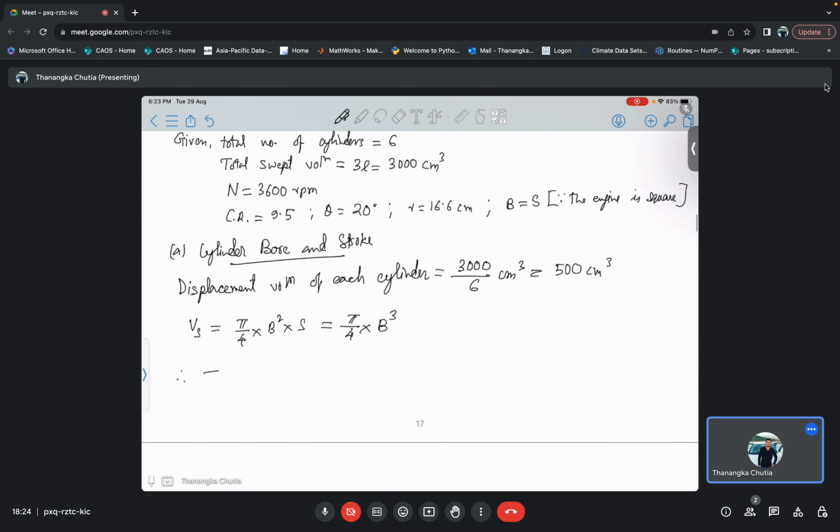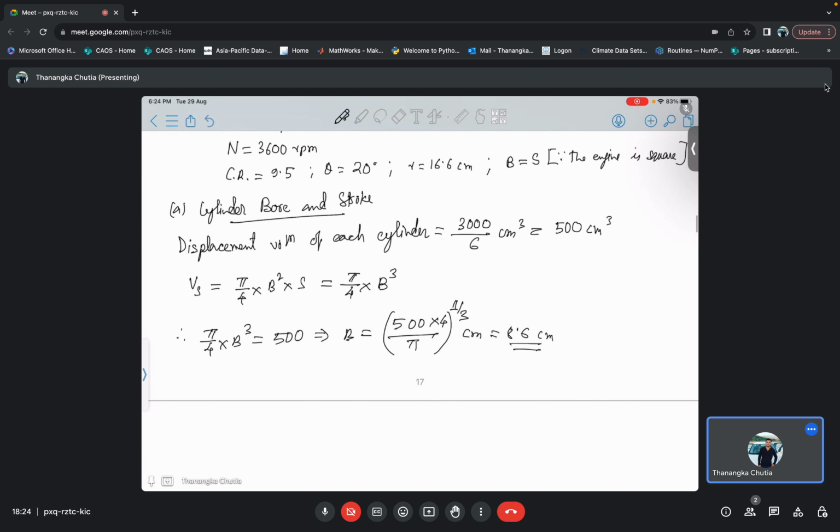So pi by 4 times B cube is 500, and from here B is equal to (500 into 4 divided by pi) to the power 1 by 3, and this you will get in centimeter, which is 8.6 centimeter.